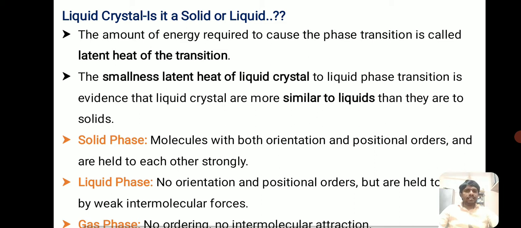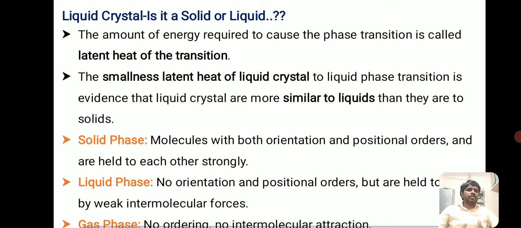Let us see three phases, that is solid phase, liquid phase, and gas phase. Let us discuss these three phases. In solid phases, molecules have both orientation and positional order and are held to each other strongly. What happens in liquid phases?